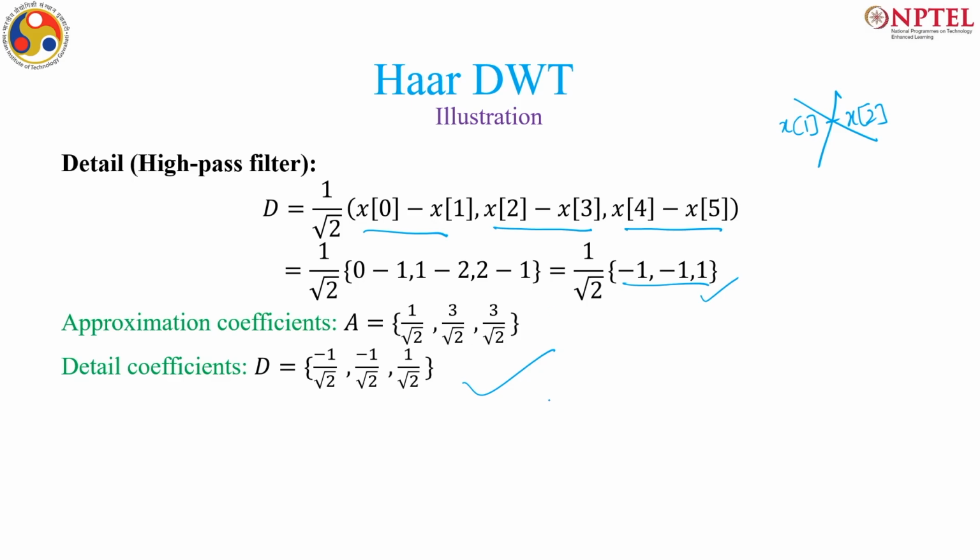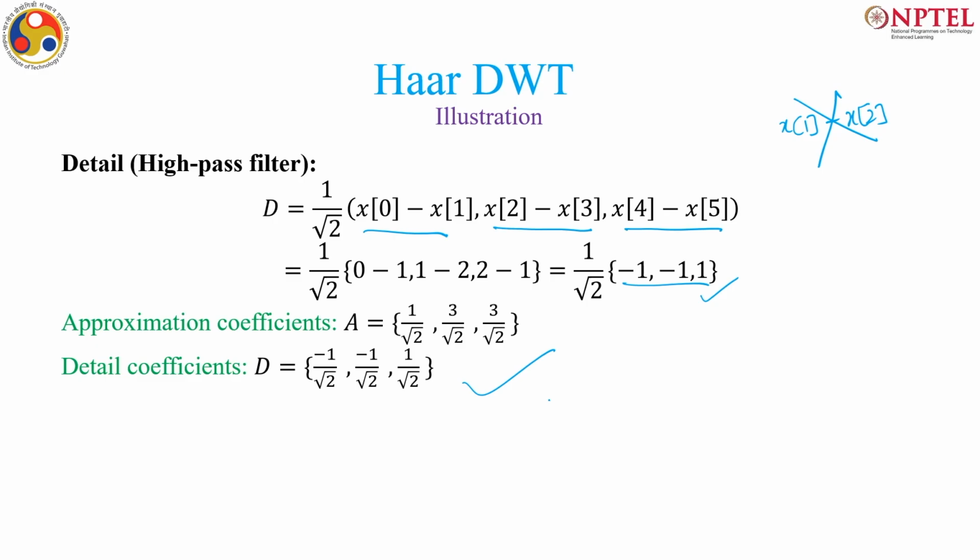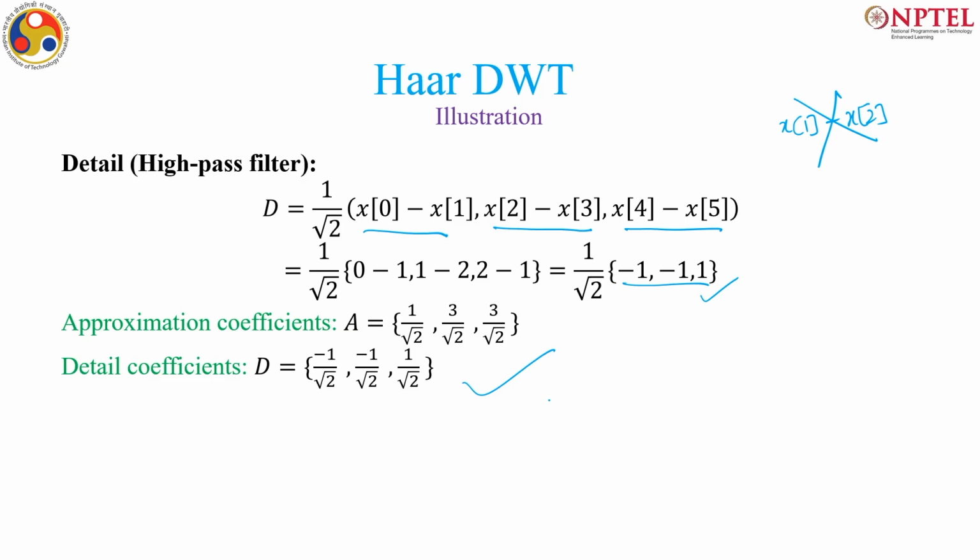This is our first level decomposition of that signal, and these are our approximate values, which tell you the trend of the signal, that it is slightly increasing and then levelling off, whereas the detail tells what the change is. The -1 shows that there is a decrease, then a decrease again, and then an increase.